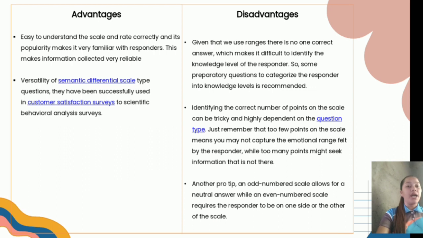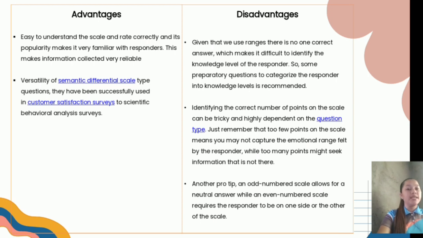Number 2, identifying the correct number of points on the scale can be tricky and highly dependent on the question's type. Just remember that too few points on the scale means you may not capture the emotional range felt by the responder, while too many points might seek information that is not there.